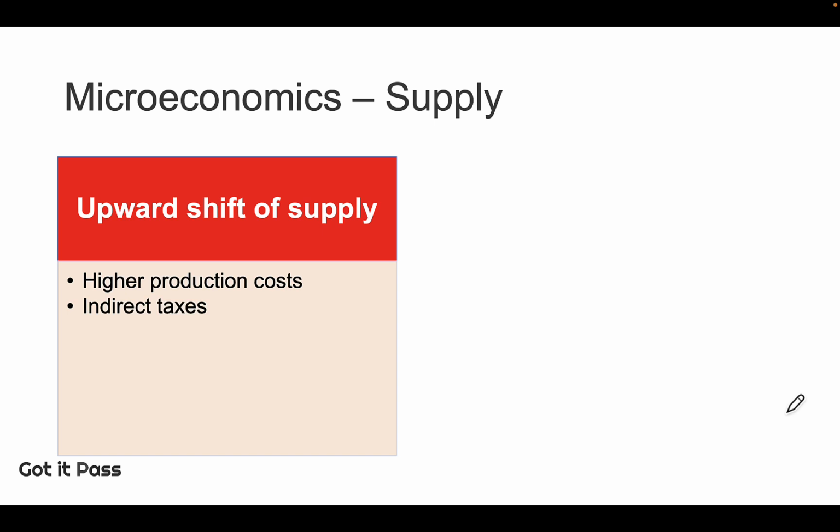Say the factors of production, whether labor or rents, are more expensive. And with higher costs, like wages, the overall wage cost per unit increased. Because of the higher input prices, it leads to reductions in supply.